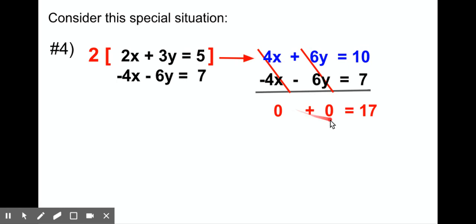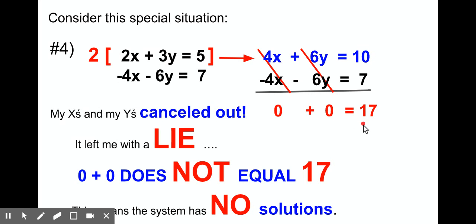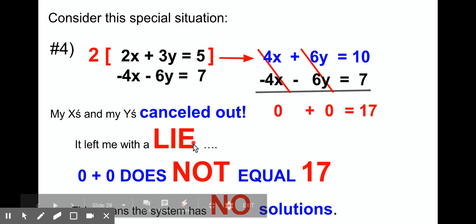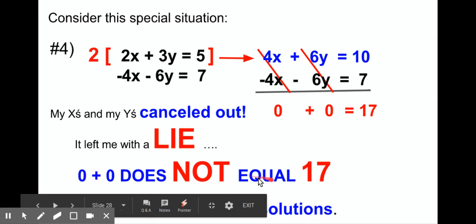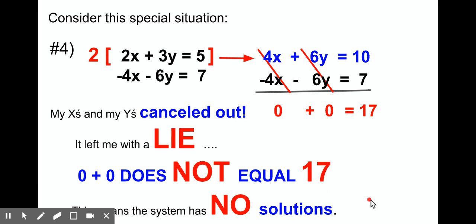Because we all know that 0 plus 0 is not 17. When it lies to you, 0 plus 0 does not equal 17. That means that this system has no solutions. So when it's the truth, it's infinite solutions. And when it's a lie, it's no solution.